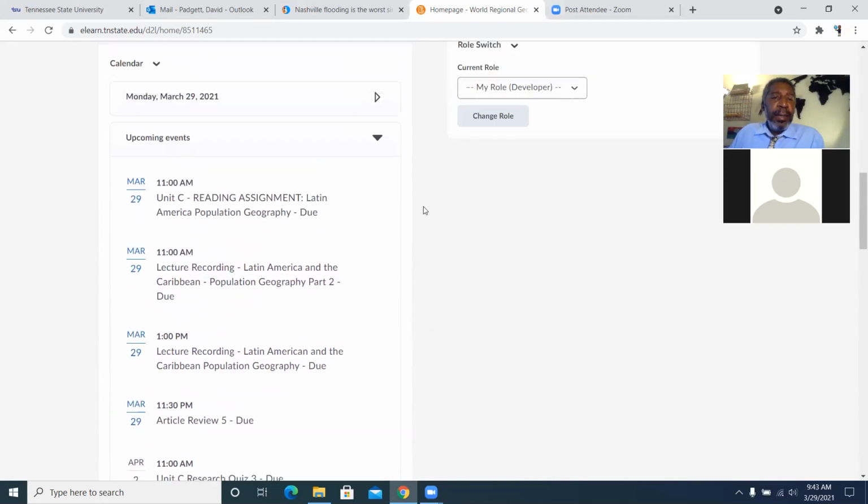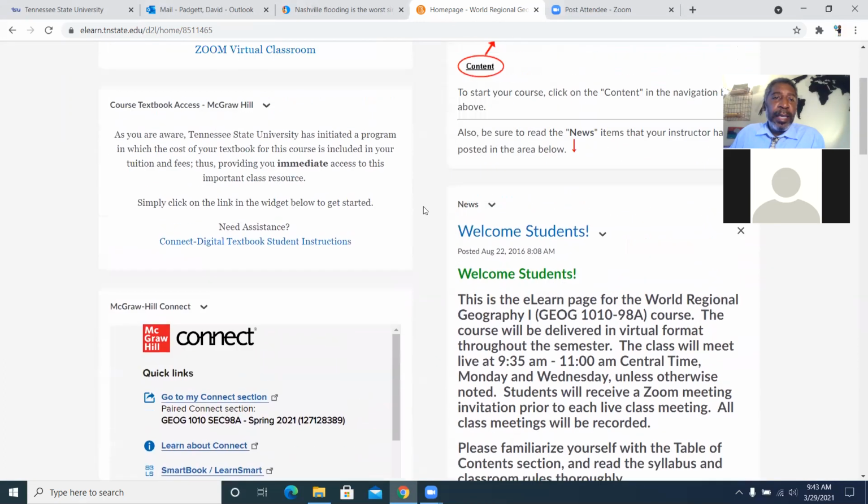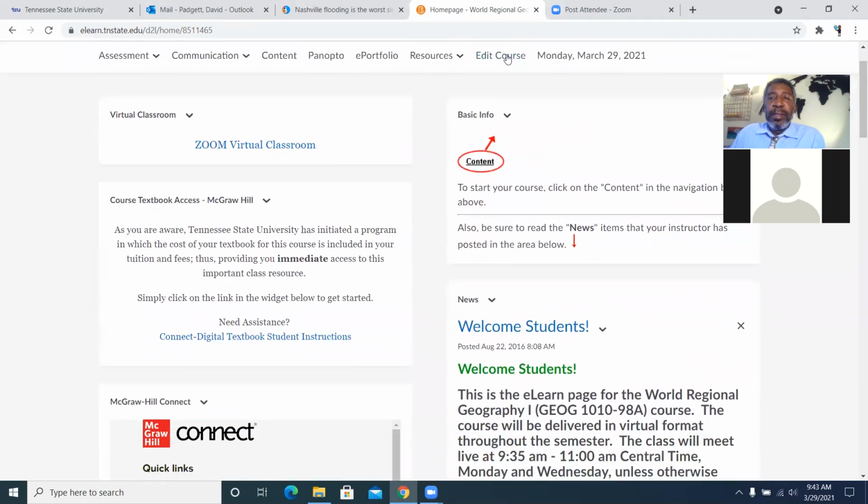So today I'm going to start off by taking a look at some of the results here. I'm going to stop my share for just a moment so that I can look at some of what has been turned in thus far for the research quiz.